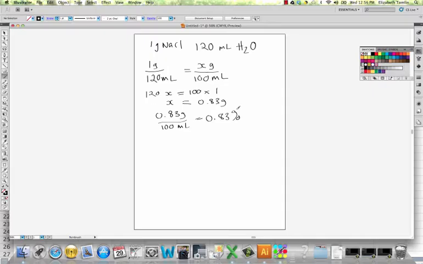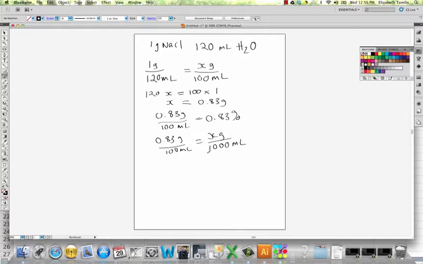And if we want to convert this to grams per liter, we can do a similar calculation as we did here. We can say 0.83 grams per 100 mils equals X grams over 1,000 mils, because a liter is 1,000 mils.